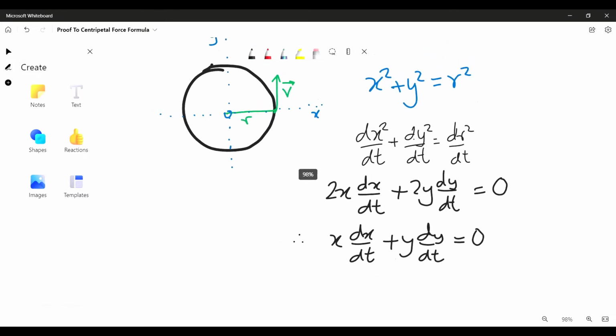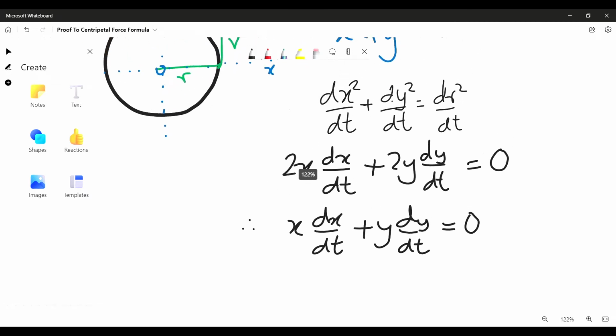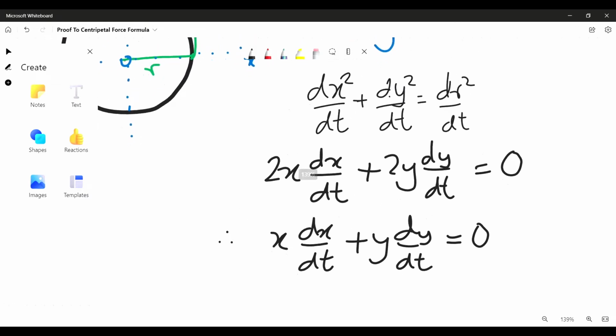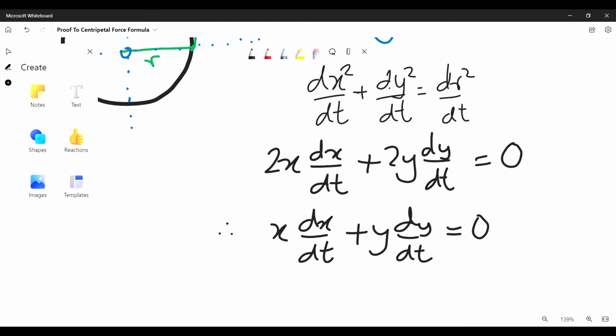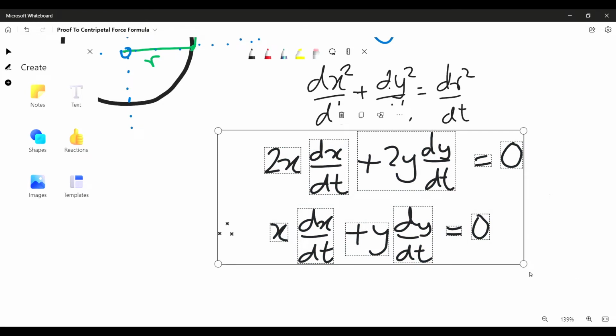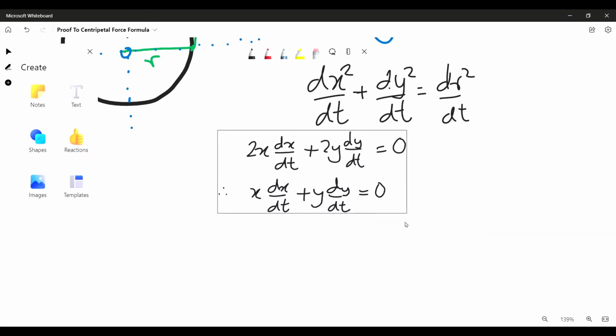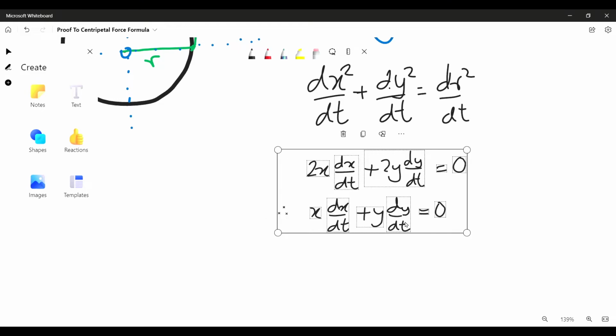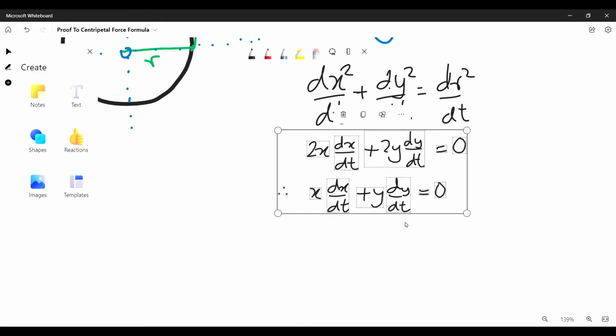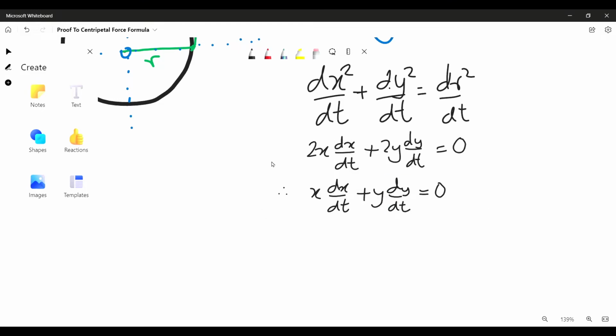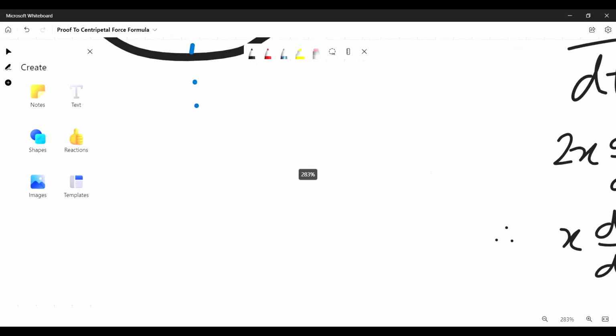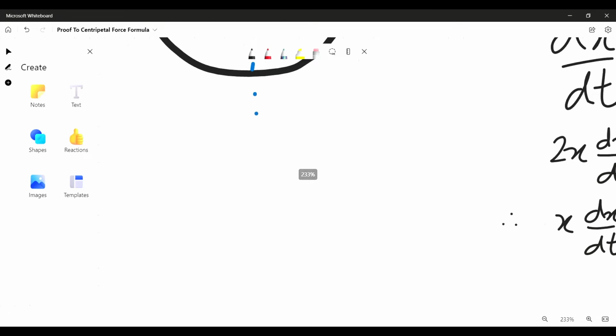So we have just got a relationship between x, y, the change in x and the change in y. And of course now an important idea is that, as we know, velocity is changing displacement over time.